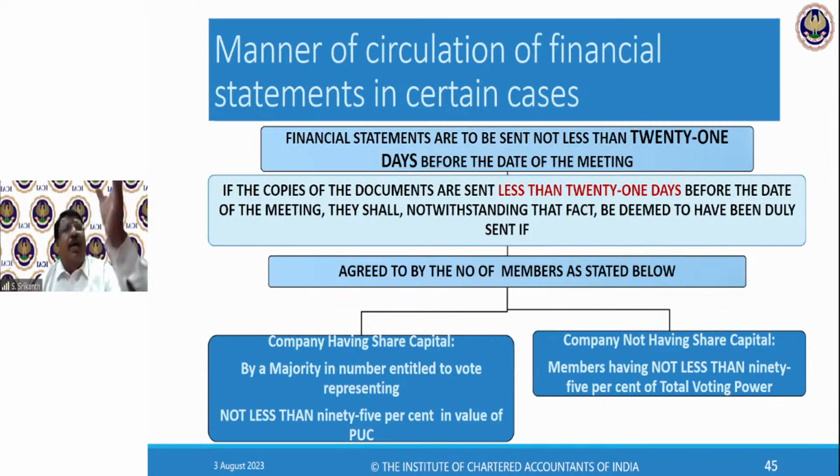You can't take 200 people as 100 people. 200 people will be taken as 200 people. 100 will be taken as 100. Total 300. Total number of members. Out of that, majority, meaning 150 should be there. Out of that, whatever number of members more than 150 you are having, should hold 95% in value of paid up capital. So don't take it that 50% half vote and all, ignore it. Have you understood, Mr. Mohammed?